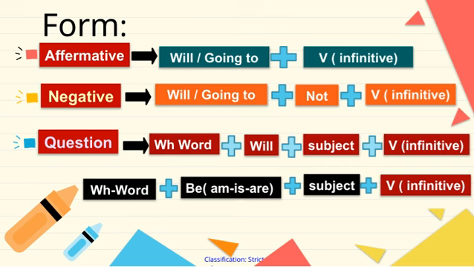Finally, there's the affirmative form, which is just the positive statement, like I will go or they are going to visit. Overall, these structures are essential because they help us form questions, negatives, and affirmatives clearly and correctly. They are the building blocks for expressing future intentions, making inquiries, and sharing information effectively in English.